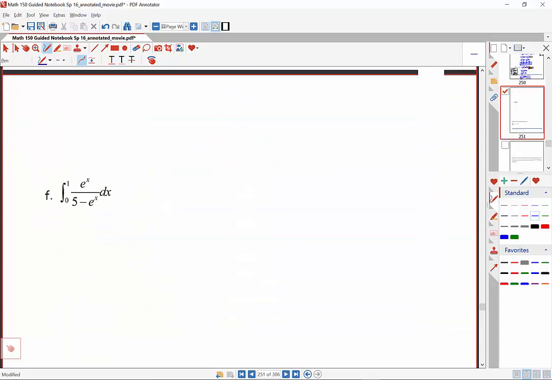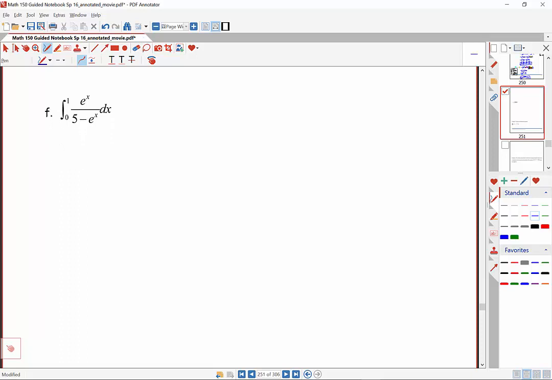Now we've got some definite integrals going on. So remember, you also want to change the limits of integration as well. So here, if we rewrite this guy, we would have the integral from 0 to 1 of e to the x times 5 minus e to the x to the negative 1 dx.